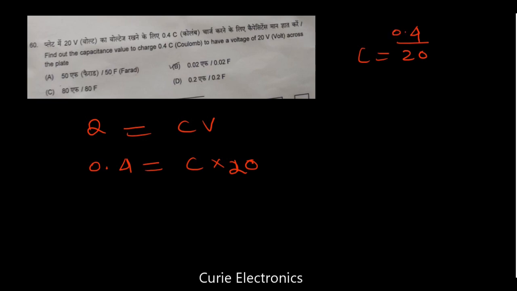Multiply numerator and denominator by 10, we get 4 upon 200. We can write it as 2 upon 100, that is equal to 0.02. So 0.02 farad is the right answer.